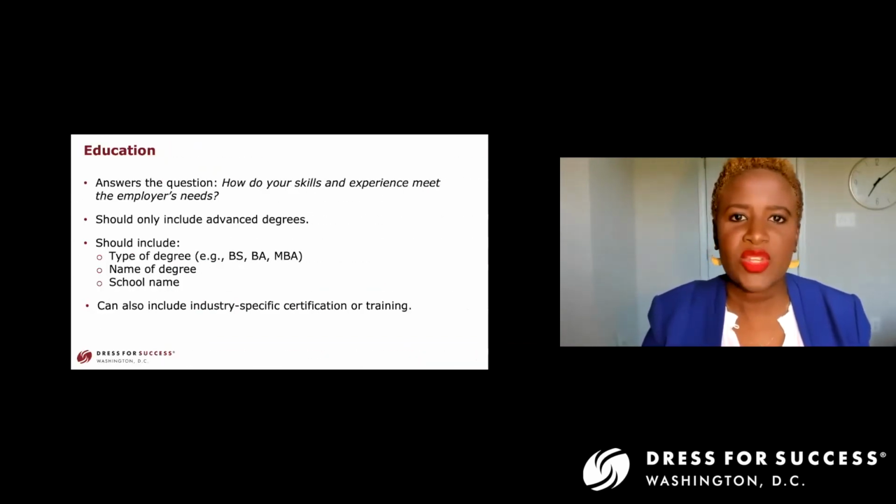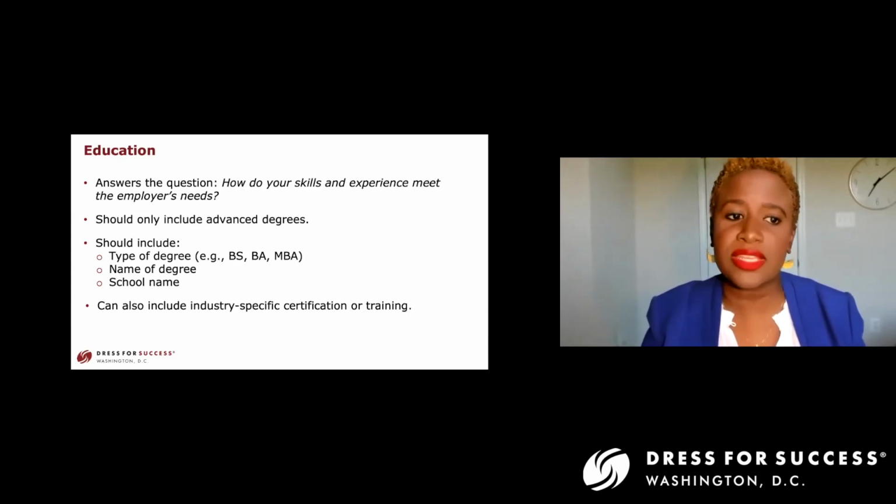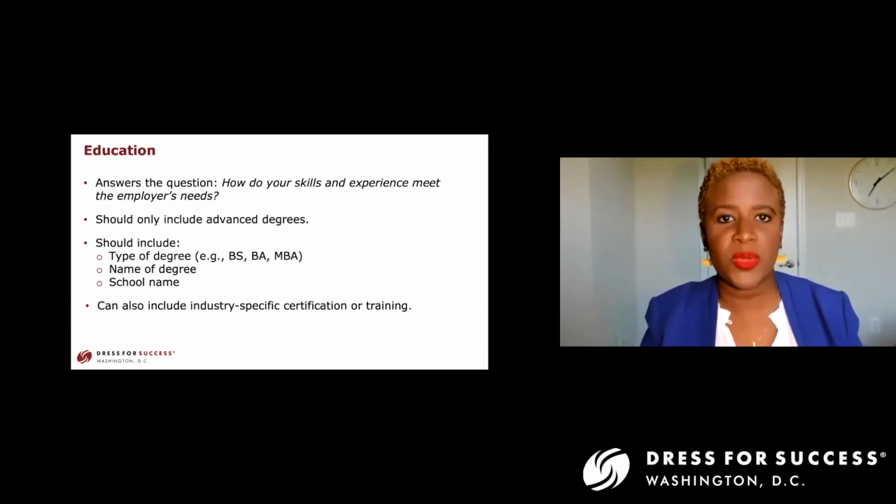So the next section is the education section. This answers the question, how do your skills and experience meet the employer's needs? Now in this section, you should really only include advanced degrees. So no need to include your high school diploma, but anything after high school that you completed.